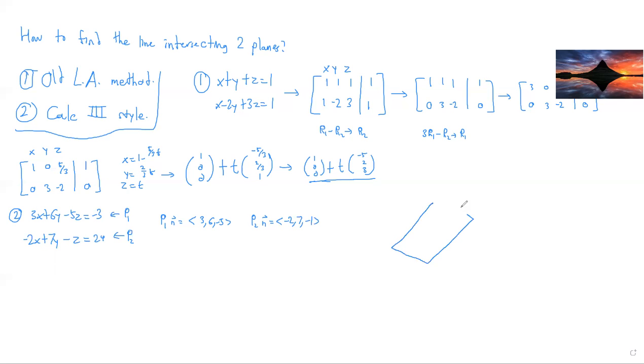Let's say you have two planes anywhere in R3, and when they do intersect, it's a little hard to visualize, but the line will be perpendicular to the normal vectors of these planes. Take my word for it. It's true. So applying this knowledge, we use the cross product.